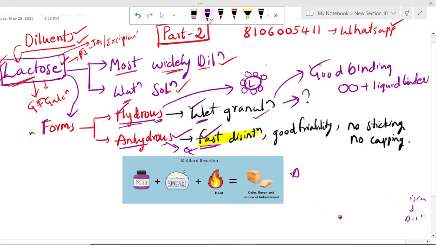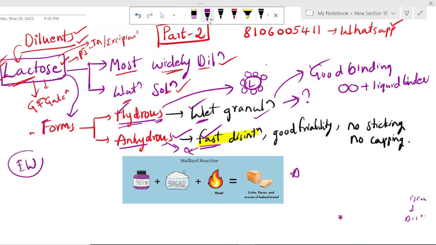Anhydrous lactose exhibits excellent wettability, which refers to the ability to absorb moisture or liquid. When an anhydrous lactose tablet comes in contact with saliva, it quickly absorbs moisture, causing rapid disintegration.